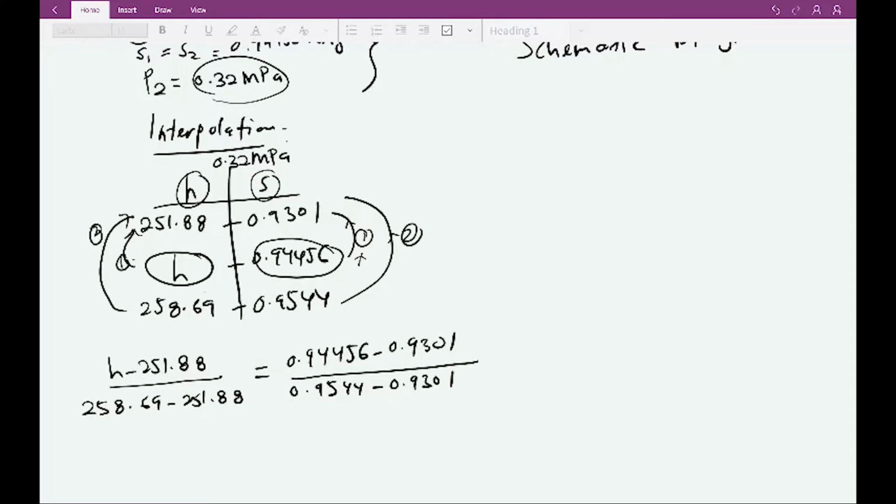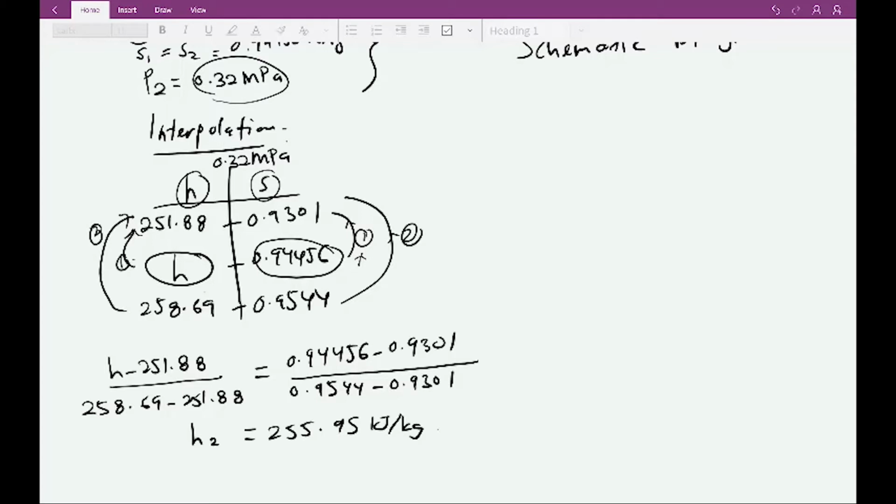Okay, so using your calculator, you will get the amount of H2 equal to 255.95 kilojoule per kilogram.